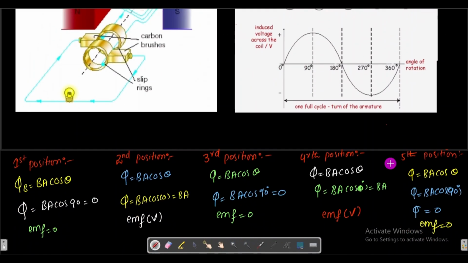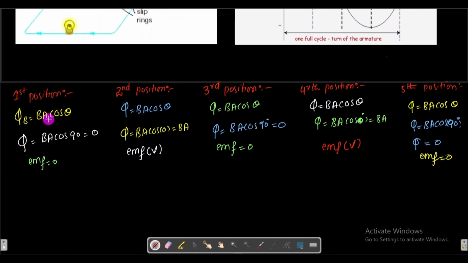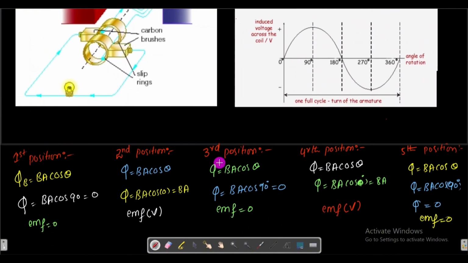Now, in the first position, the EMF is 0. So this is the graph for the EMF, and on the y-axis we have the induced voltage, meaning the EMF across the coil.